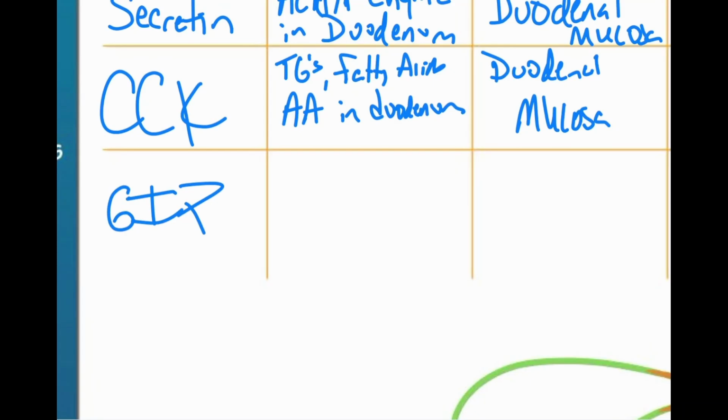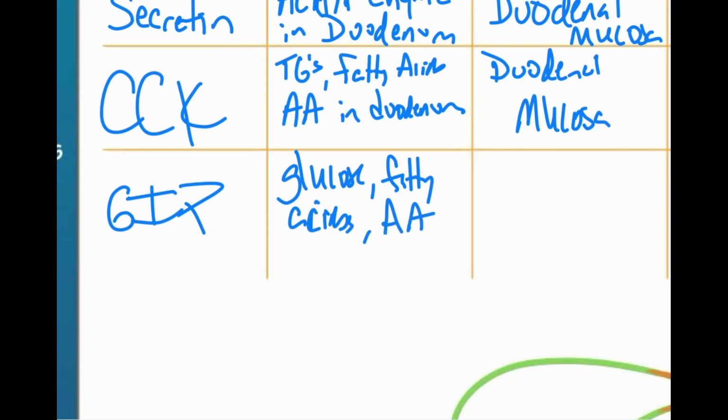And the stimulation for this is glucose, fatty acids, and amino acids in the duodenum. So glucose is the big one. You had a meal high in glucose. Eventually, all that glucose that you ate is going to get into the bloodstream.